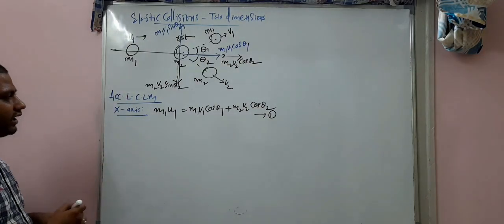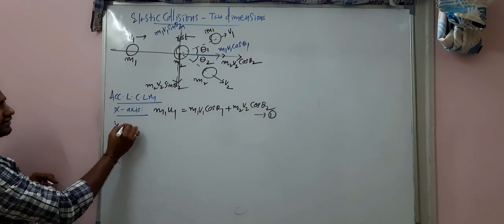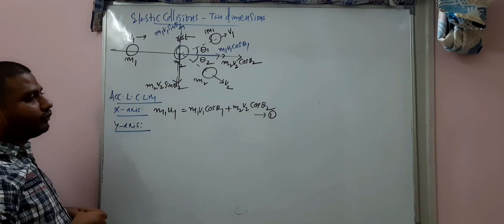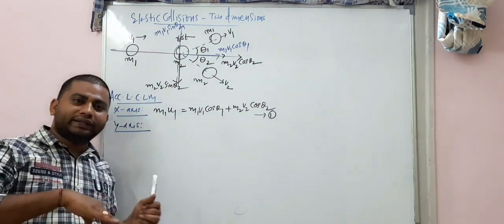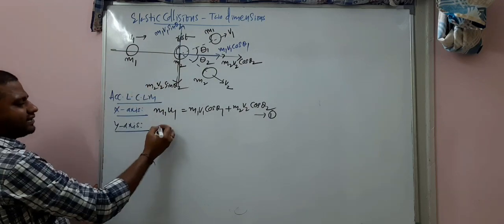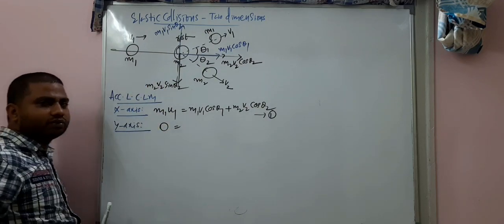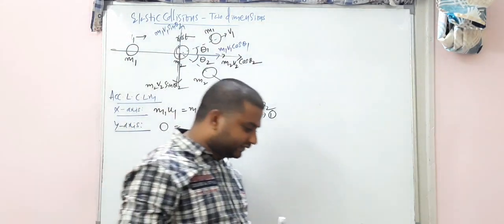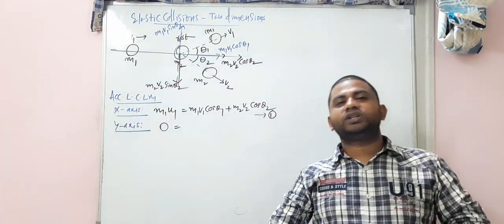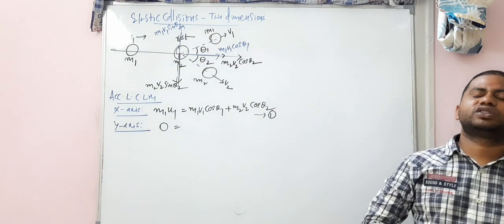And at the same time, along the y-axis also, the linear momentum can be equated. Before the collision, along the y-axis, there is no linear momentum of the system. Will you agree with this? Tell me, my dear students.